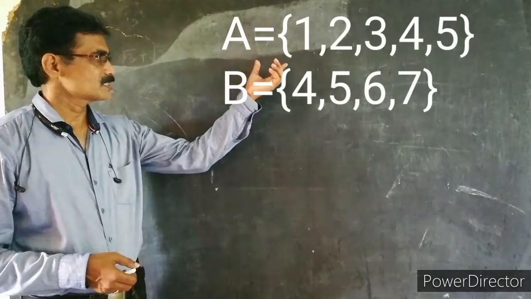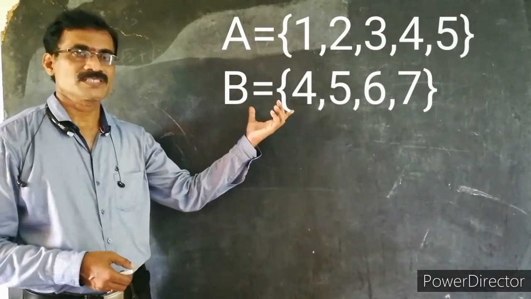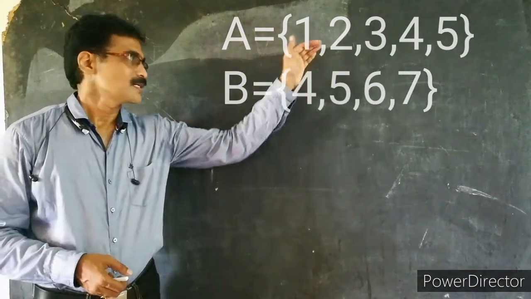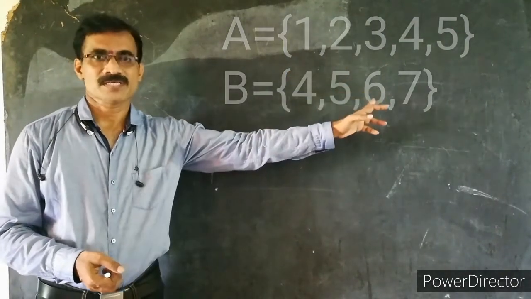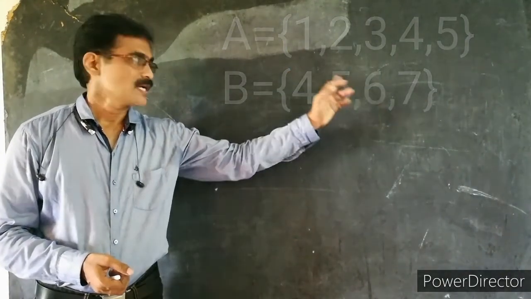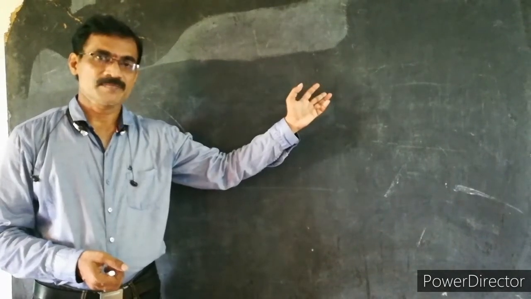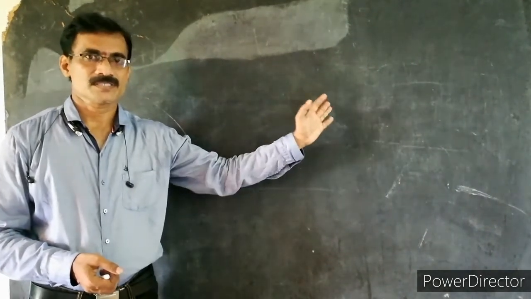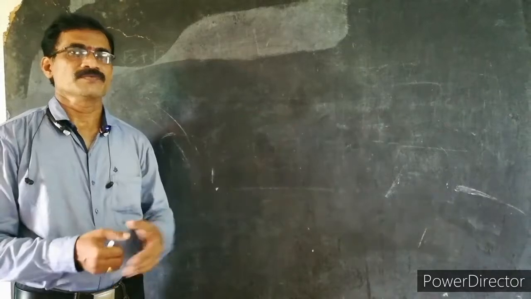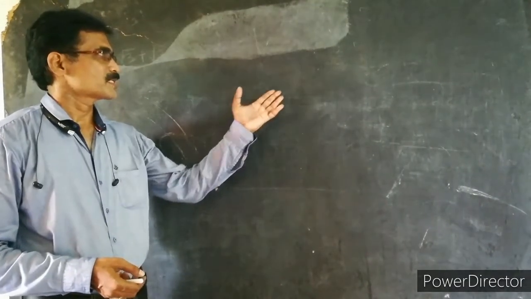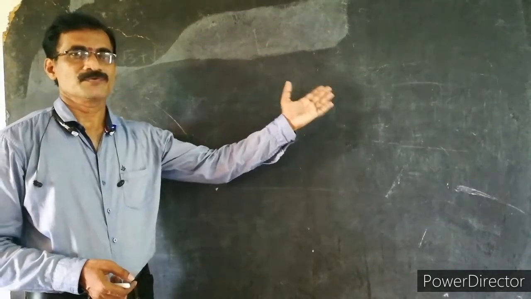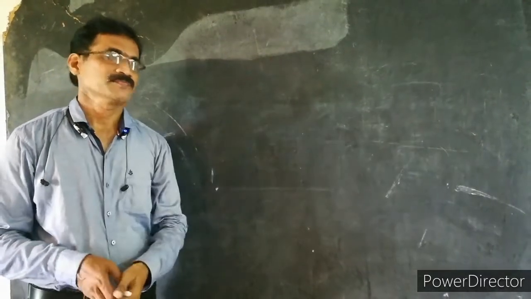Now what is A union B here? For A union B, you have to write all the elements combined, and if there are repeated elements, you need not write them again, write them only once. So A union B becomes 1, 2, 3, 4, 5, 6, 7.